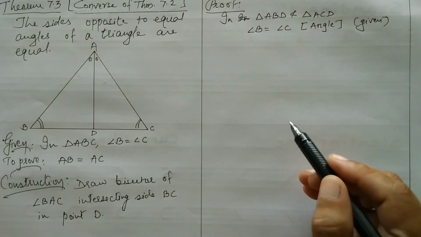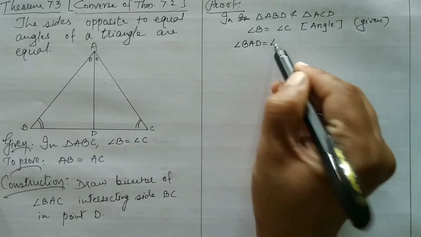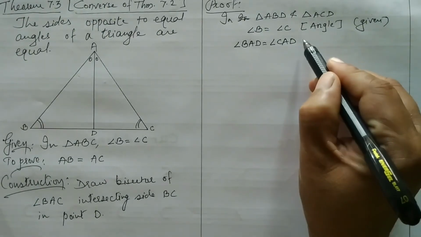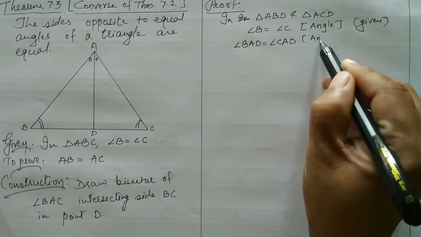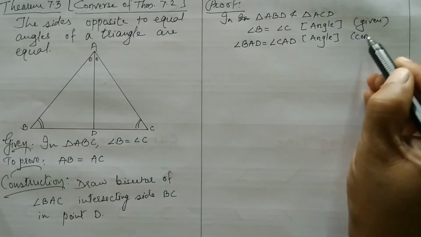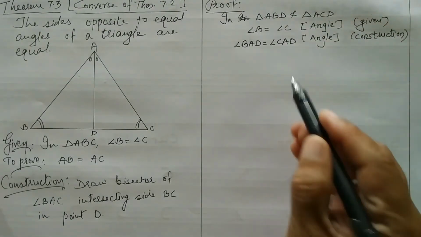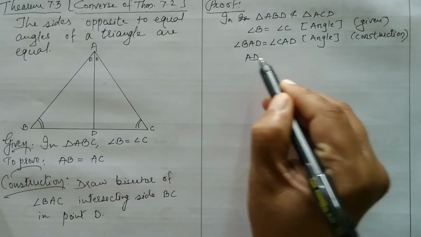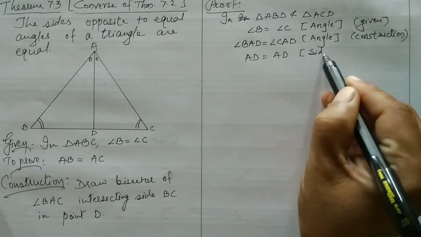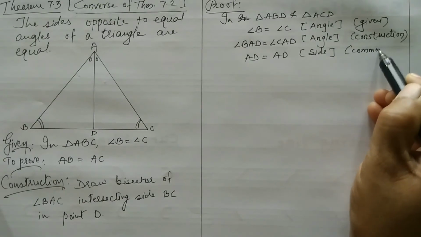Then angle BAD and angle CAD, again a pair of corresponding angles, are equal by construction. And what about AD? Side AD is a common side, so AD is equal to AD. The reason you will write is common side.